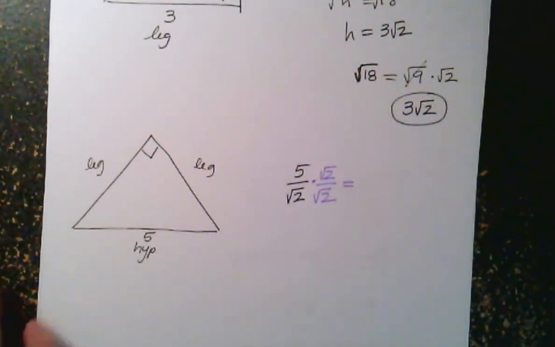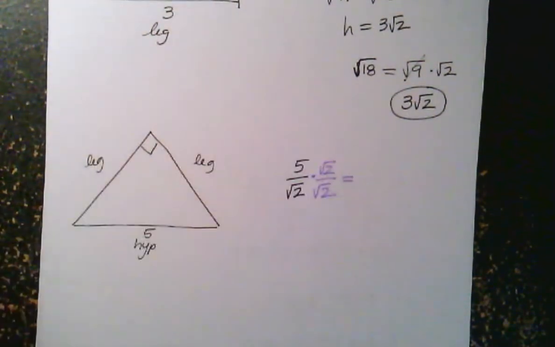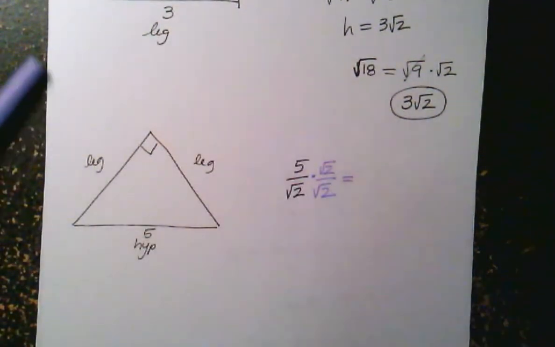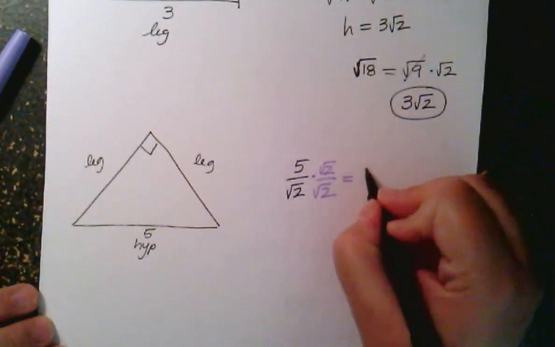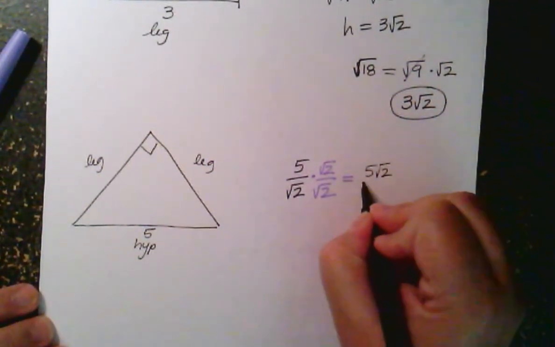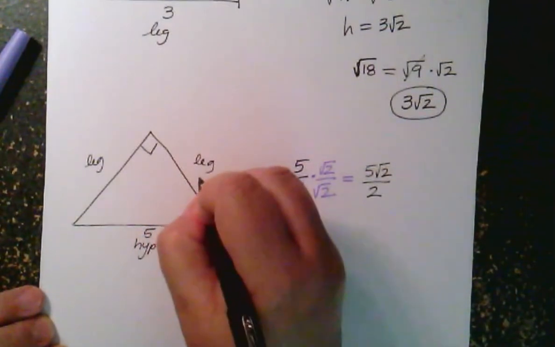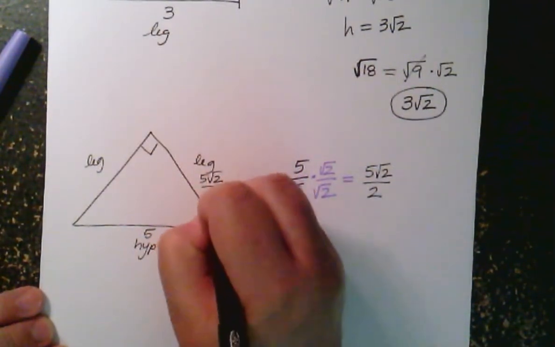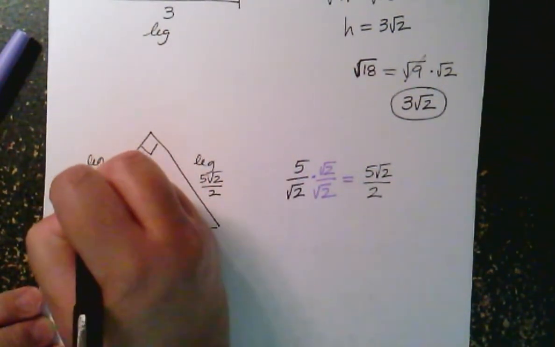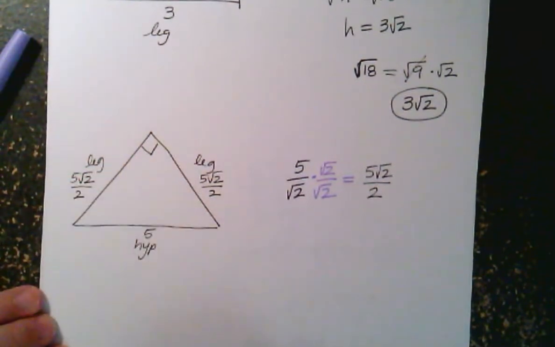And also, again, if you have one of these calculators, it'll do that for you. I'll show you in just one second. On top, I get 5 times square root of 2. On the bottom, square root of 2 times square root of 2 is just 2. So my legs are 5 root 2 over 2. Both of them are, because remember, they are the same. They are congruent.